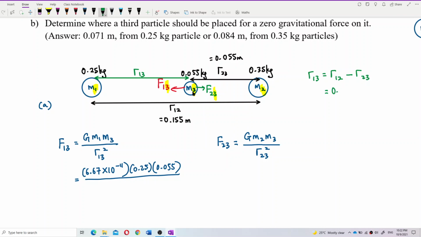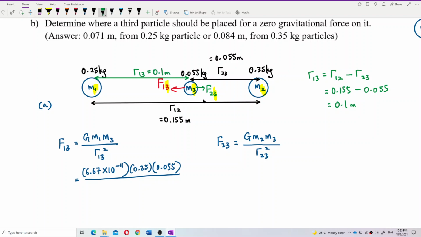R12 is 0.155, and R23 is 0.055. So what is the value? 0.155 minus 0.055 becomes 0.1 meter. Very simple. So this R13 is actually 0.1 meter.